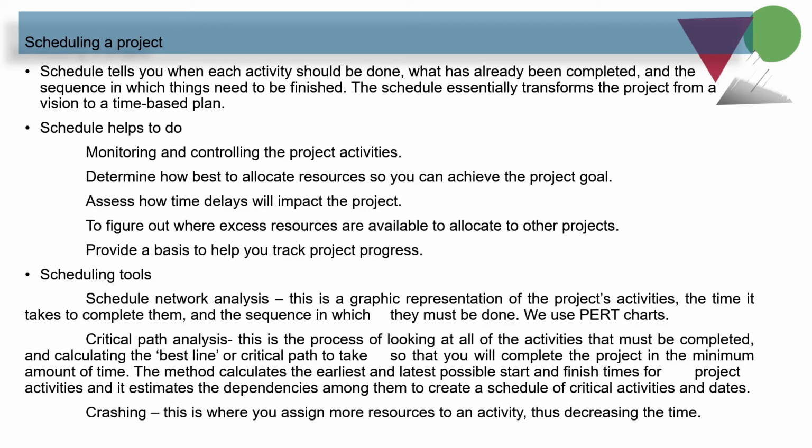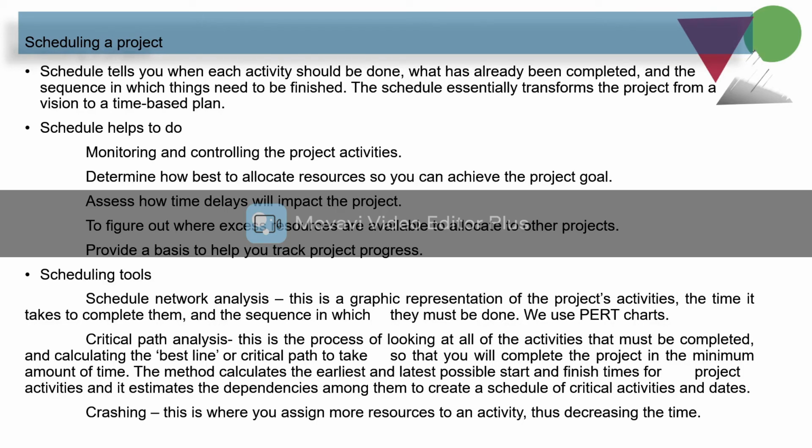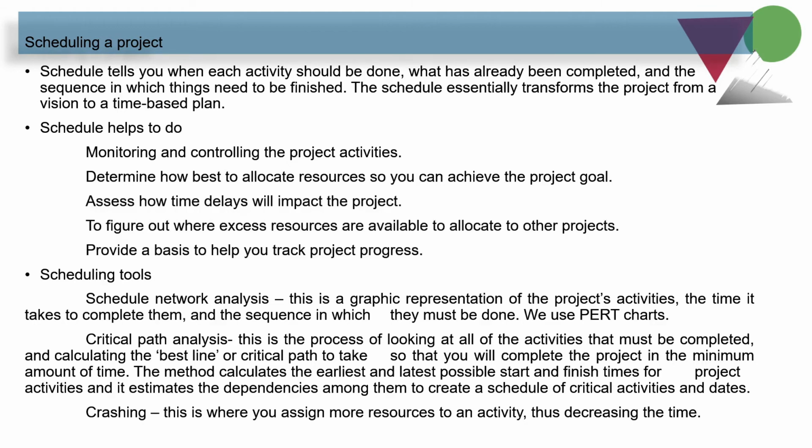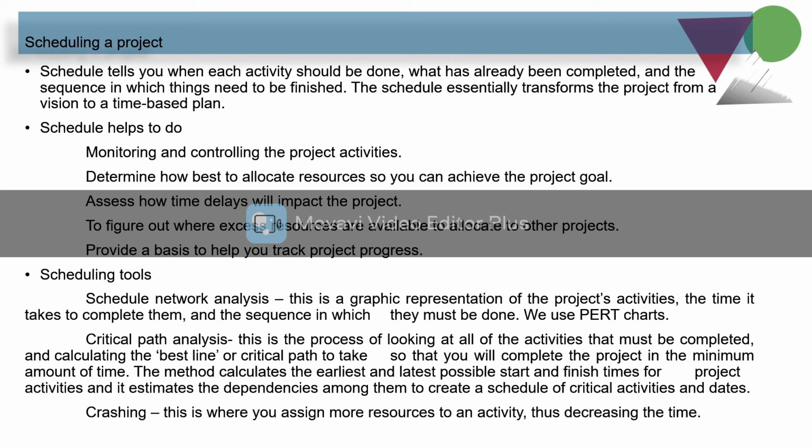Then moving to the scheduling tools, there are 3 types essentially, and the first one is schedule network analysis. This is a graphic representation of the project's activities, the time it takes to complete them, and the sequence in which they have to be done. We use PERT charts, program evaluation and review technique charts.